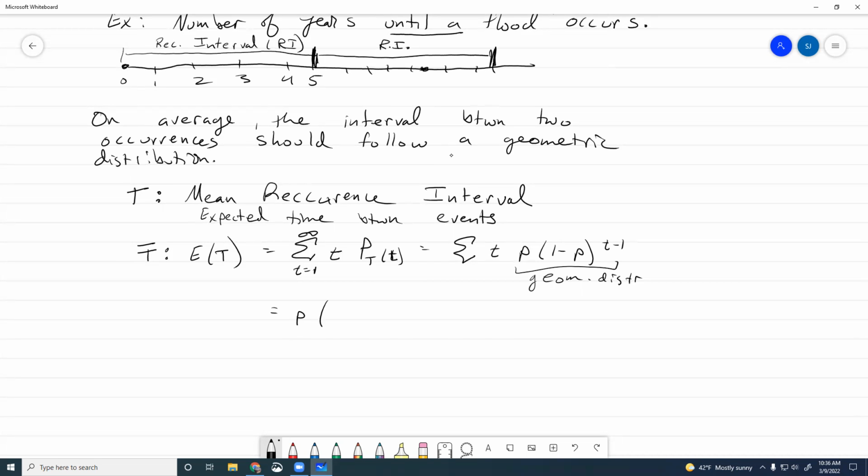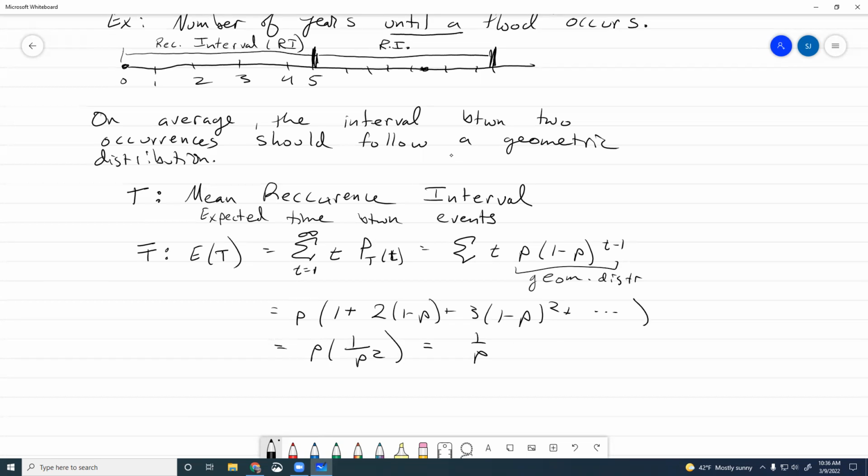So it's going to be P times 1 plus 2(1 minus P) plus 3(1 minus P) squared plus etc. all the way out to infinity. You end up with P times 1 over P squared if you do the series expansion and collapse. And then that gives us 1 over P, which we saw earlier.